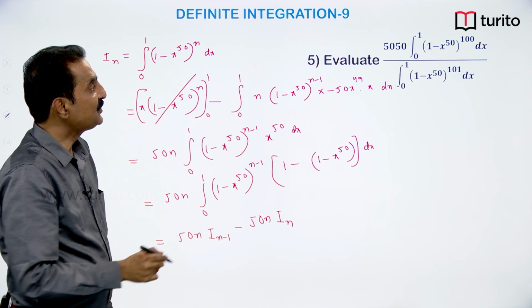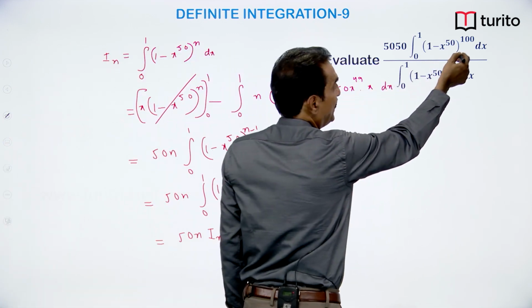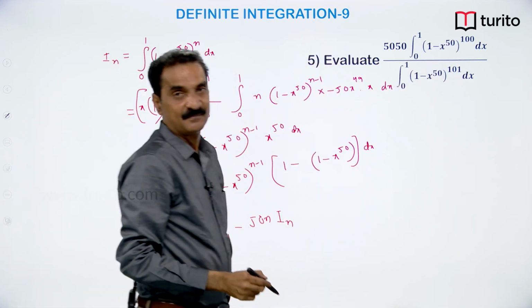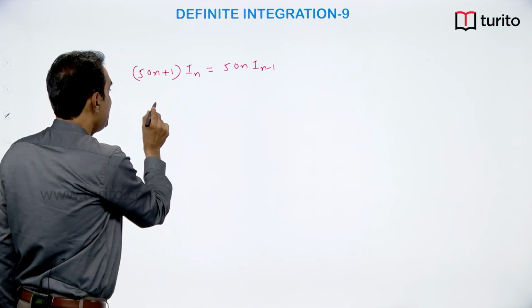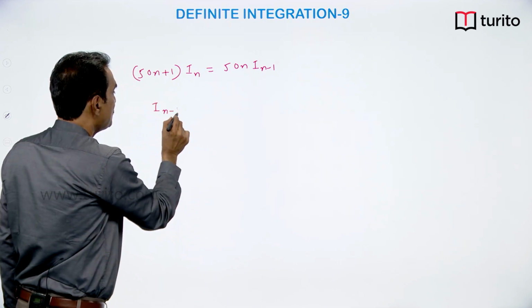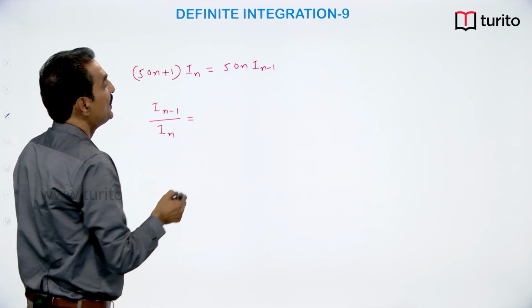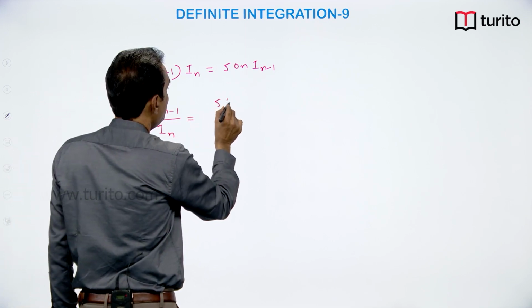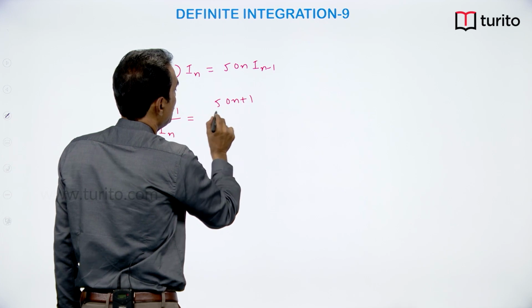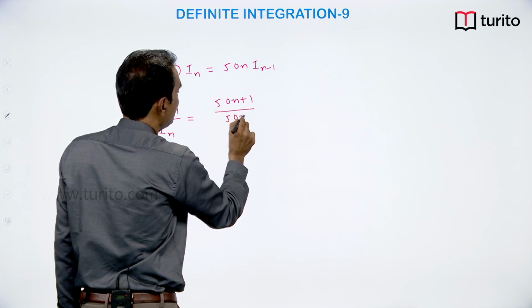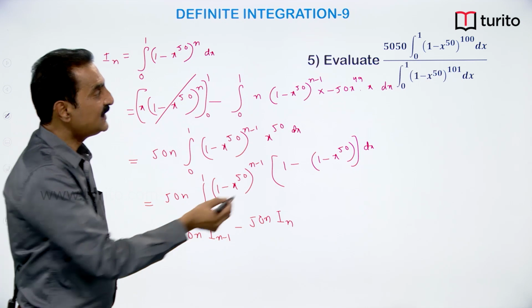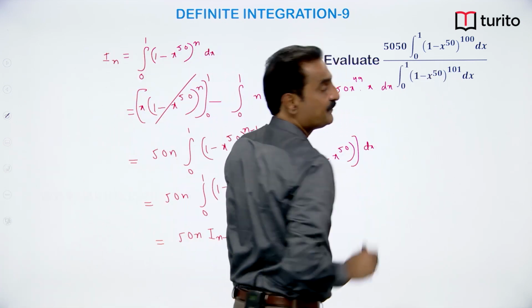Now, in the given question, we want I_{n-1} by I_n. So, I_{n-1} by I_n is equal to what? (50n plus 1) by 50n. Now, what is the value of n here? 101.